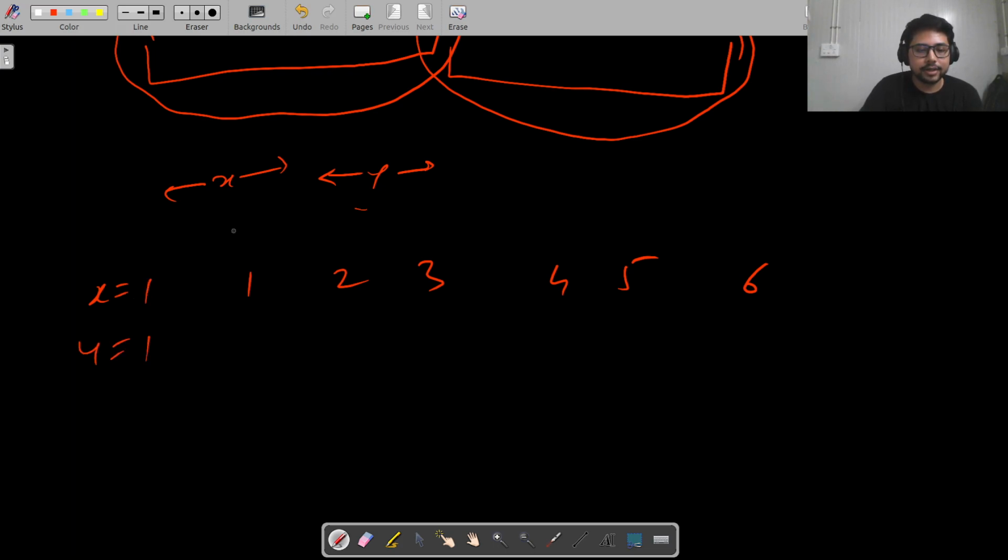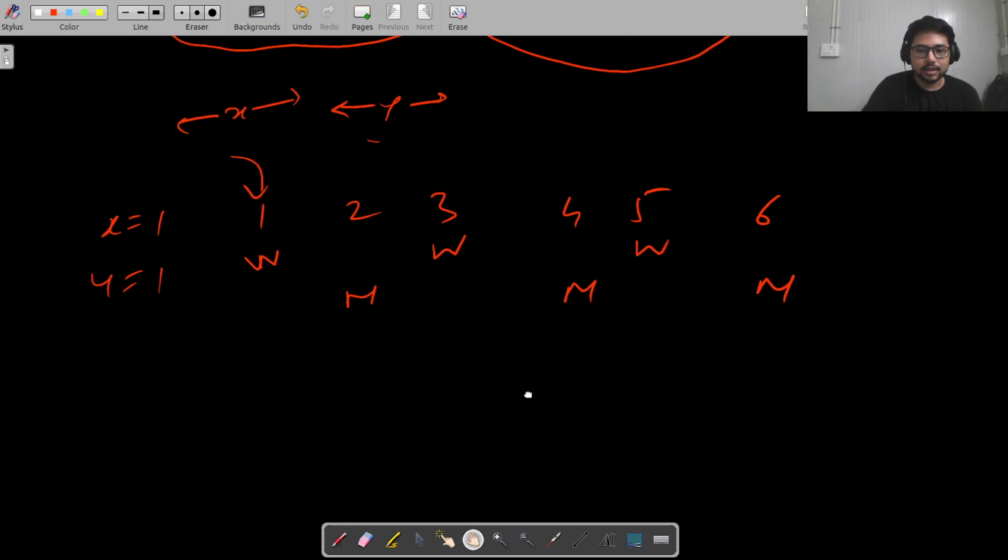So if a train enters here, it will remain in work for the first index, then it will go in maintenance, again work, again maintenance, again work, again maintenance.